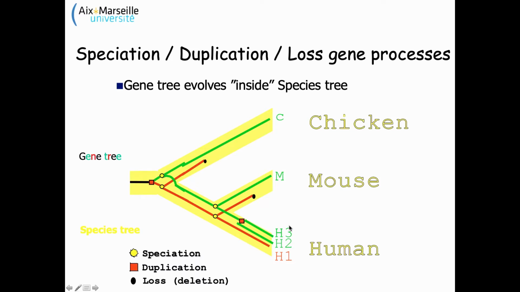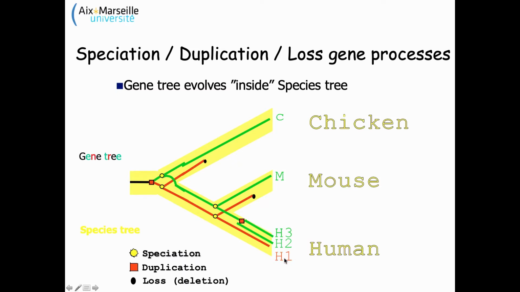So at the end, you have the results of evolution. Okay, it's one copy of the genes in chicken, one copy in mouse, and then three copies in human. As you can see, I have copy in green and then copy in red.